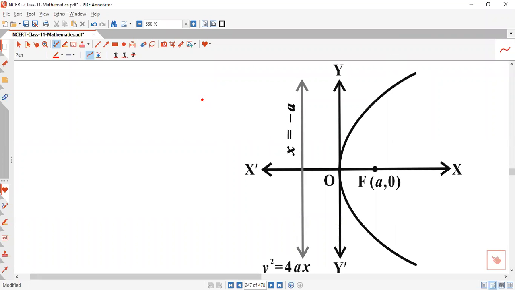Now I will draw a focal chord. Any focal chord you can draw. Say this is PQ, a focal chord.